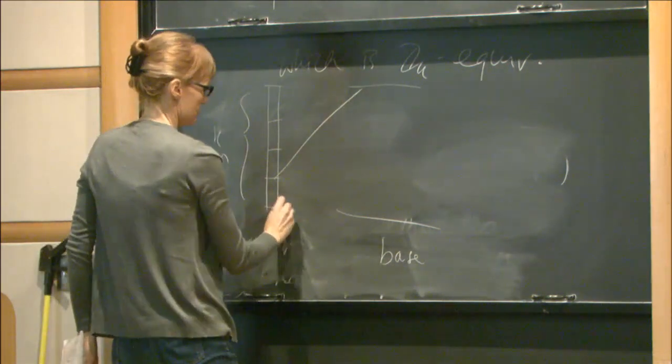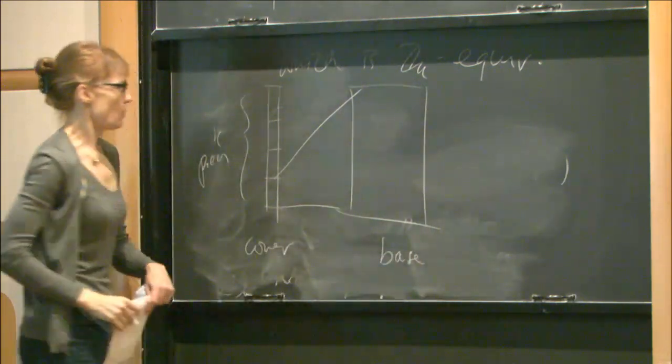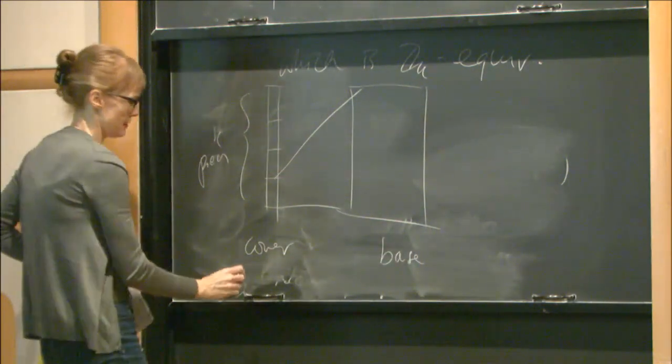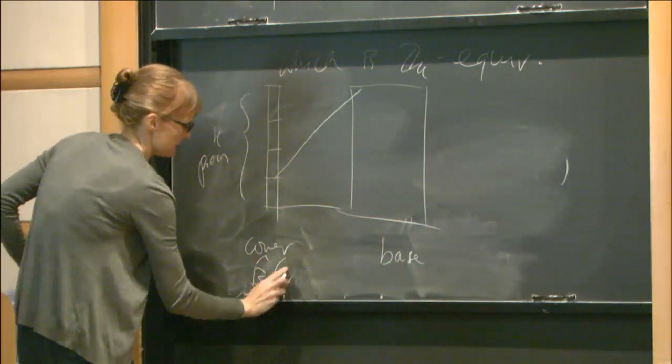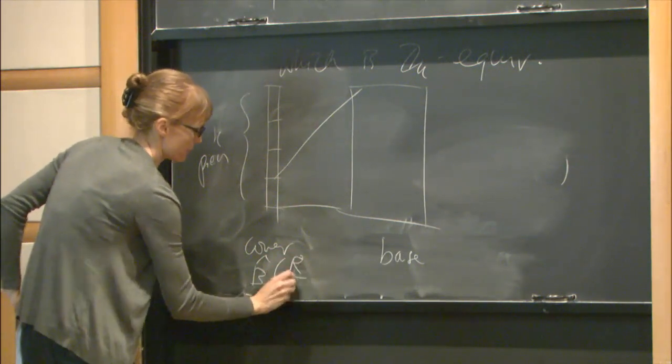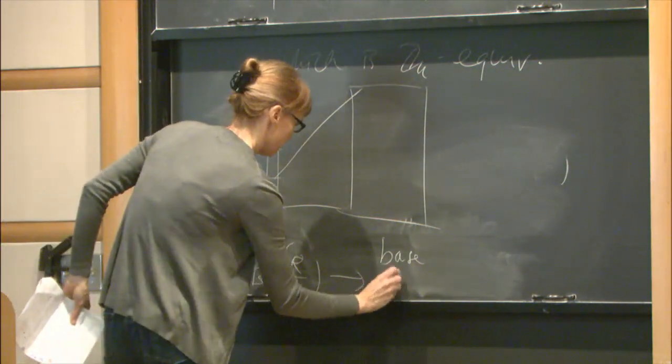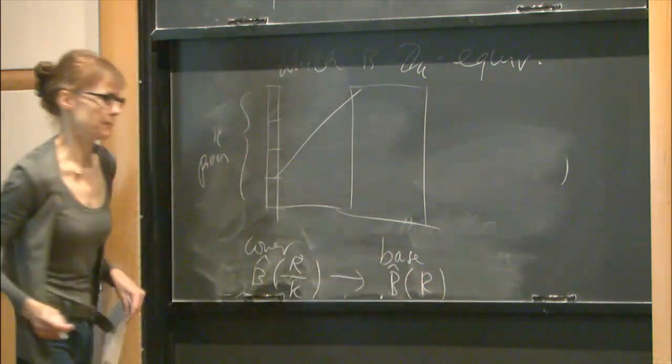We're mapping each one to a wider domain. And if we take hat B_{r/k} to hat B_r.